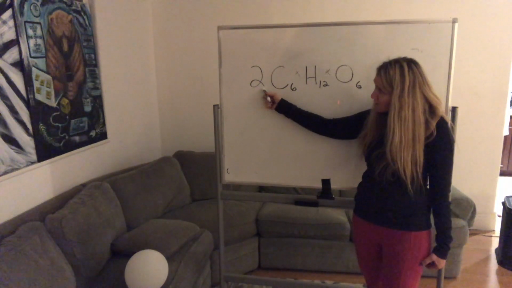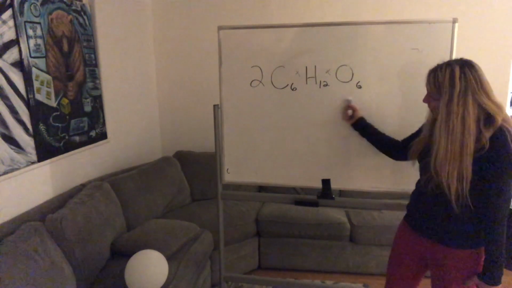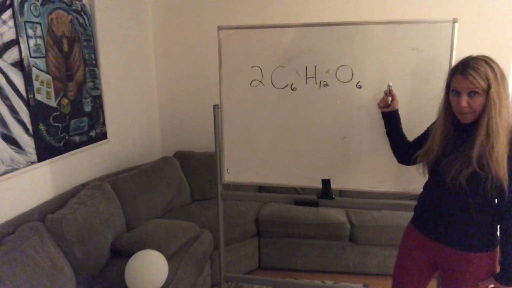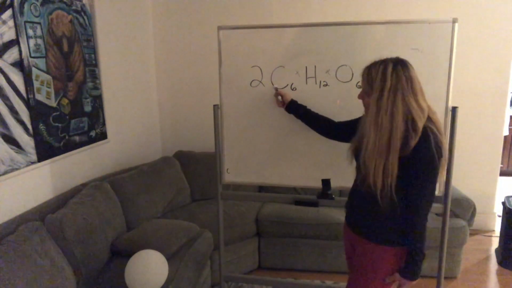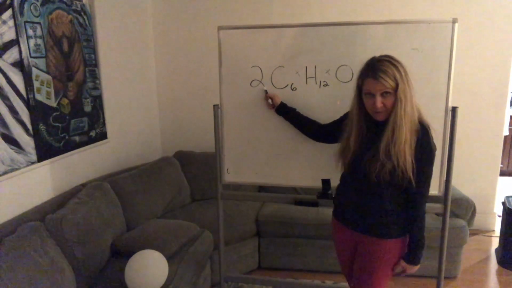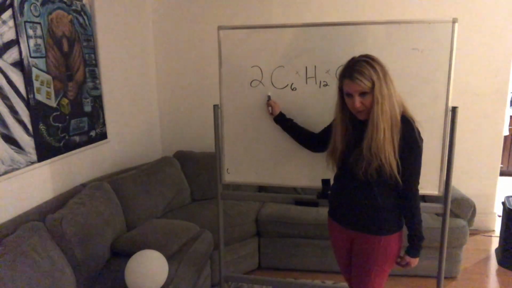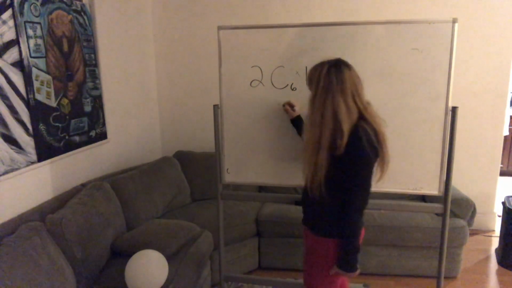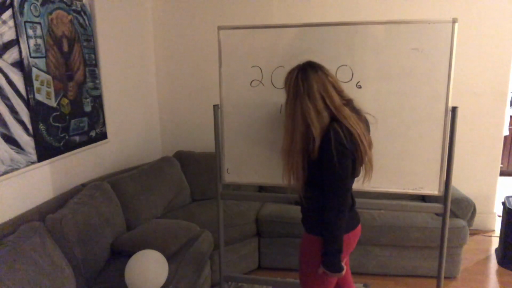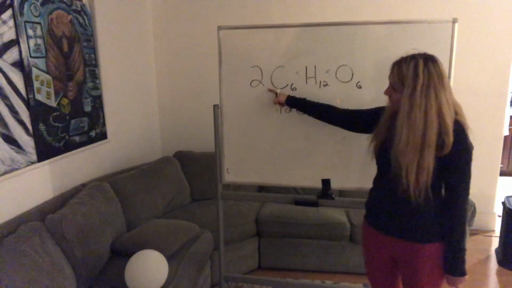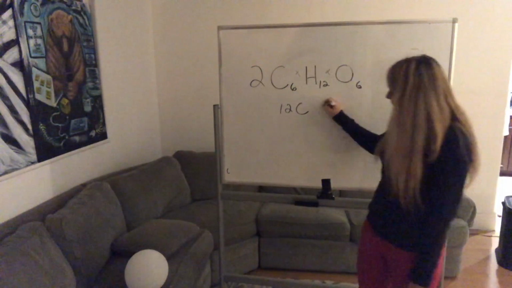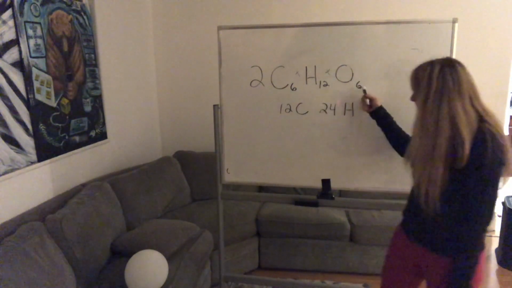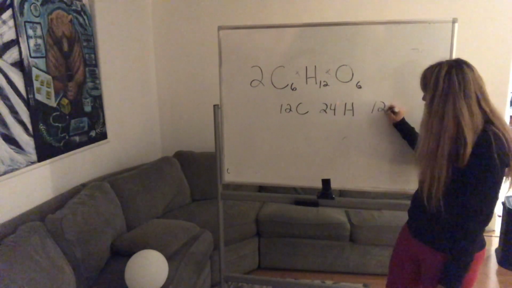So we're going to have 2 molecules of this whole thing. Again, the coefficient comes in front of the symbol. To get the total carbons, you multiply 2 times 6, so it's 12 carbons. 2 times 12, that's 24 hydrogens. 2 times 6, 12 oxygens.